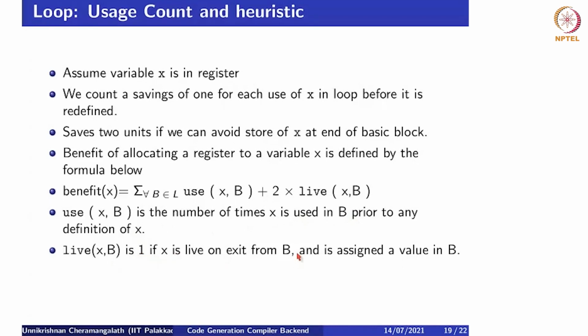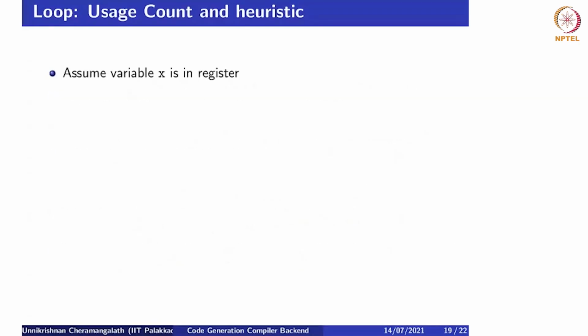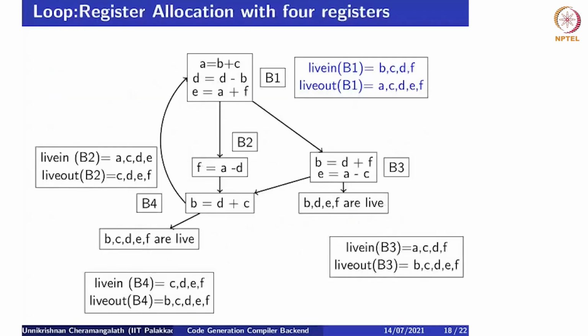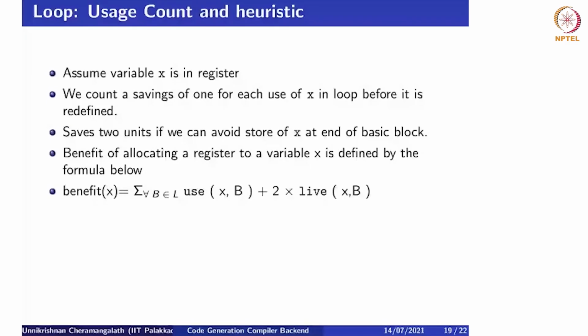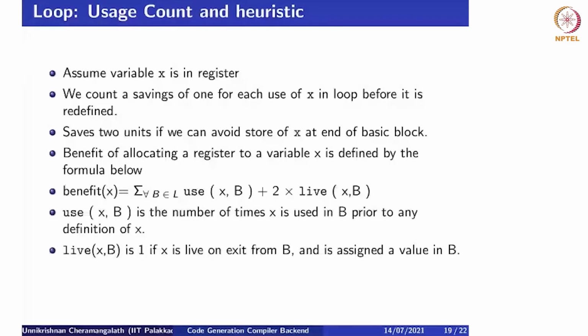So then what will be the benefit for variable a in this figure? I'll go to the formula again: use is x used in b prior to any definition of x, and live is 1 if x is live on exit from b and is assigned a value in b.